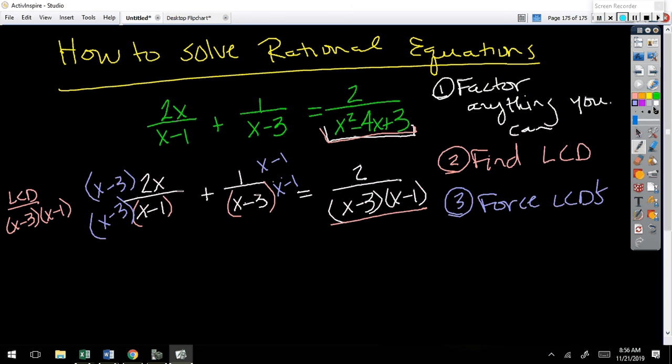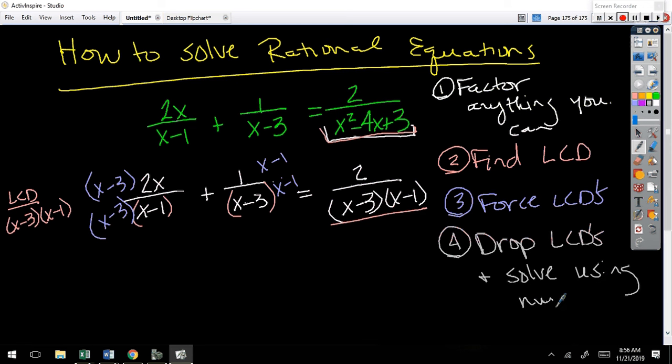Now comes the fun part. Drop the LCDs and solve using the numerators. I'm going to give you a second to catch up with me before I actually do it.